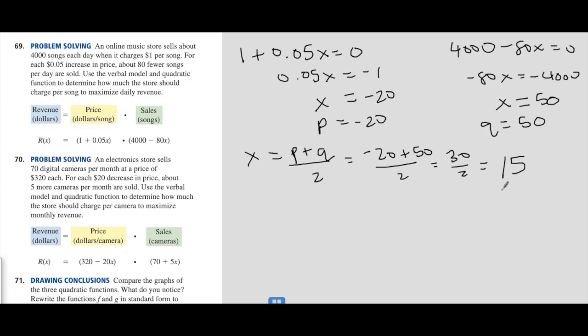Okay, now let's plug that into the first part right here to find out the maximum revenue. So at 15, 1 plus 0.05 times 15. And doing that math, you'll figure out it is $1.75.